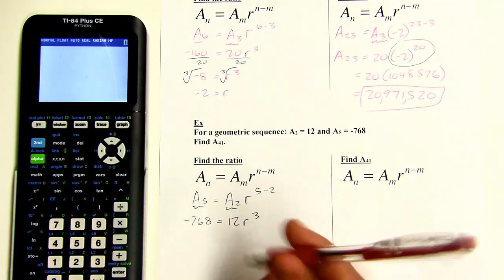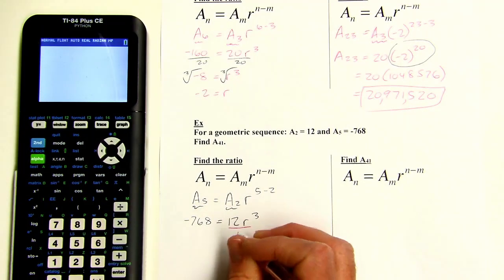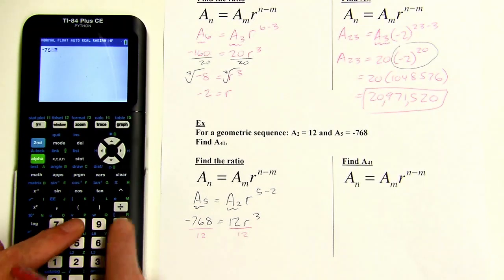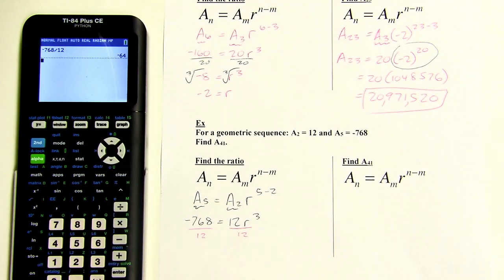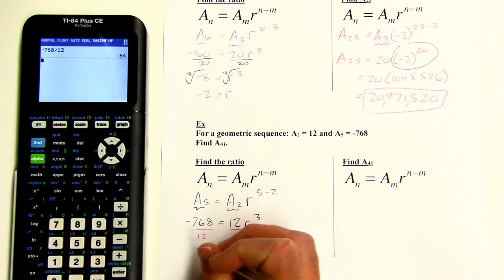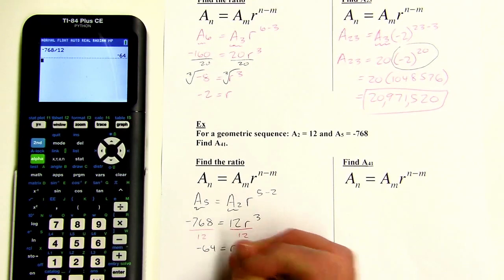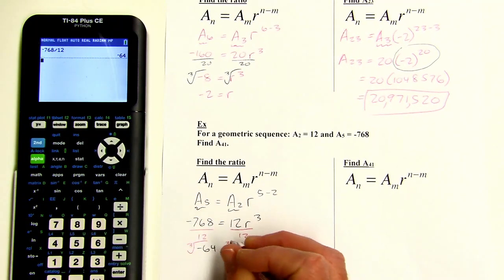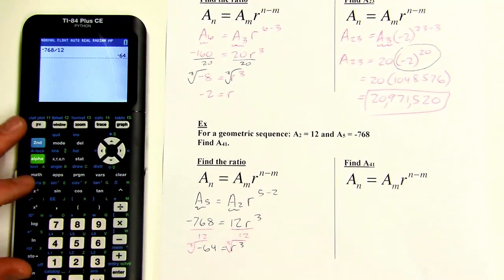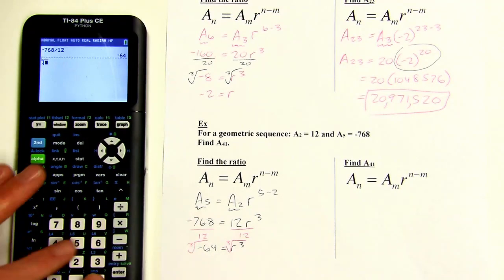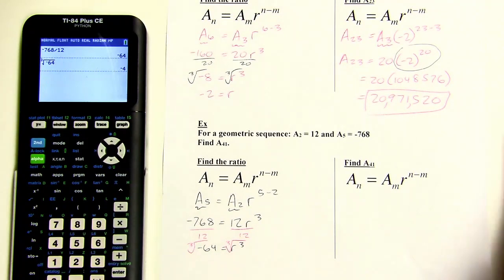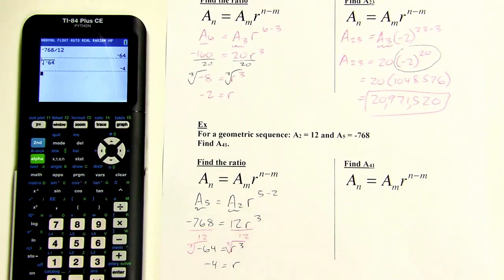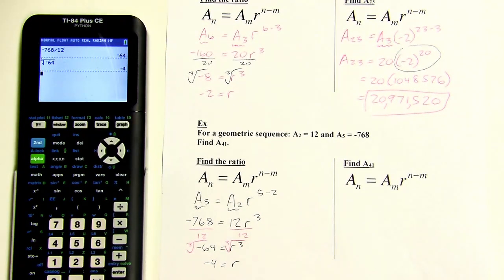Next I'll divide by 12 to isolate r to the third. That gives me -64. Then I'll take the cube root of both sides, and that's going to come out to -4. So -4 is the ratio.